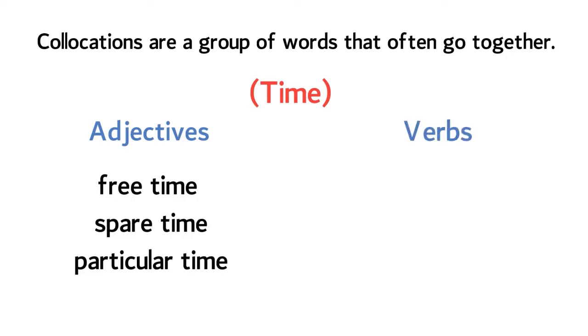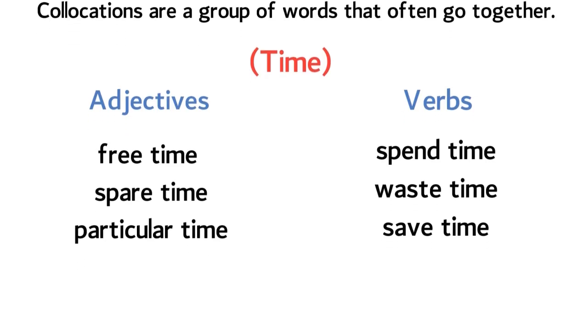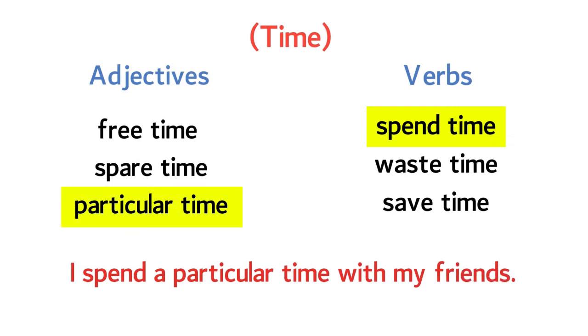You can also use some verbs like spend time, waste time, save time. Then, you can make some sentences by playing with the adjectives and the verbs, and the noun, time. For example, if I want to use spend time and then the adjective, particular, I can say, I spend a particular time with my friends. So I used spend, particular, and the word, time.